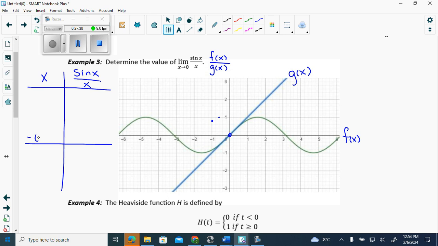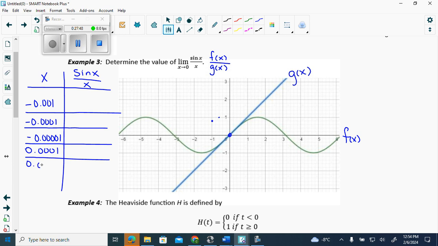So I can go negative 0.0001, and I can go negative 0 decimal a little further away, and then negative 0.001. And positive 0.0001, positive 0.001. This would be on the right. So this is where it splits. This is on the left, and this is on the right.